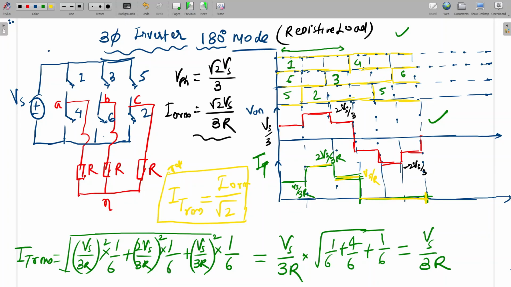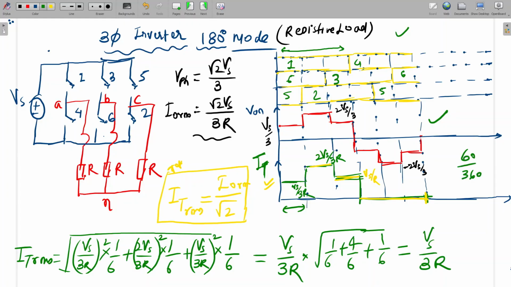So we can calculate the RMS value of this current. Already I have given one formula, like U square into D. For a constant value, U is constant square. If we see the duty for this one, this is 60 divided by 360, that is 1 upon 6.